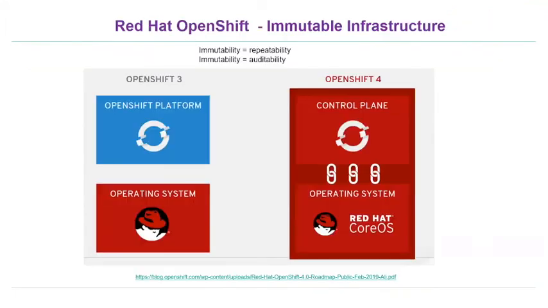With OpenShift version 4 versus OpenShift 3, Red Hat put together the OpenShift tool sets and the operating system itself, and that's why they replaced RHEL with Red Hat CoreOS, which is a thin containerized operating system. Therefore the entire OpenShift environment is a containerized environment.